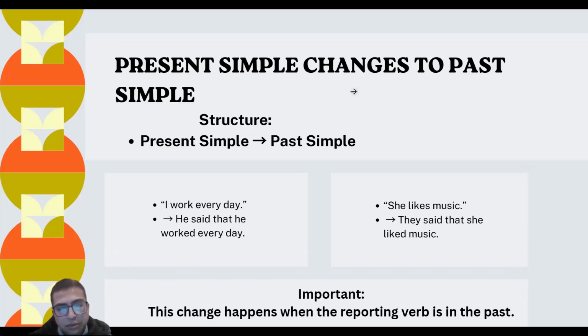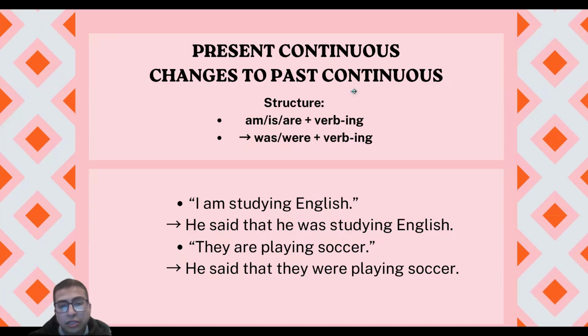And now let's see the present continuous. The present continuous changes to past continuous. For example, the verb to be, am, is, are, plus the verb with ing, but in reported speech it becomes was, were, plus the verb with ing.